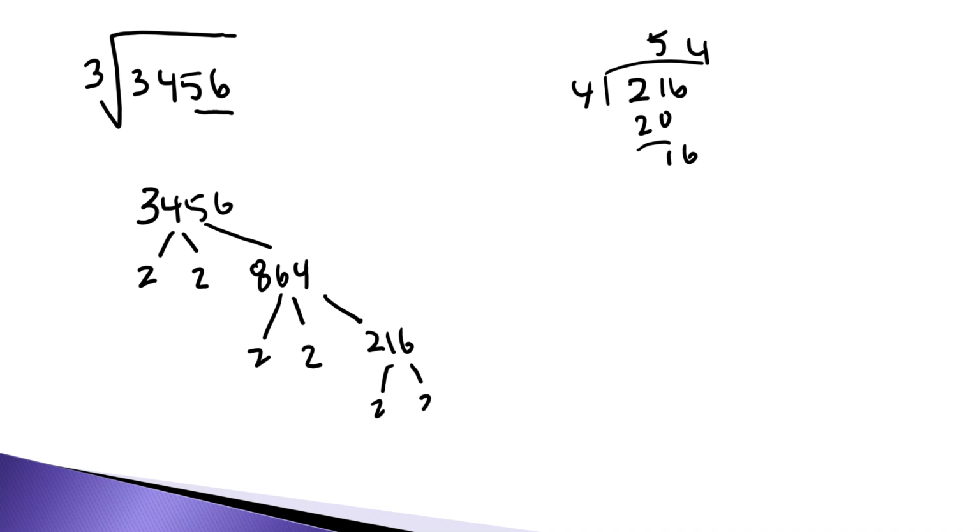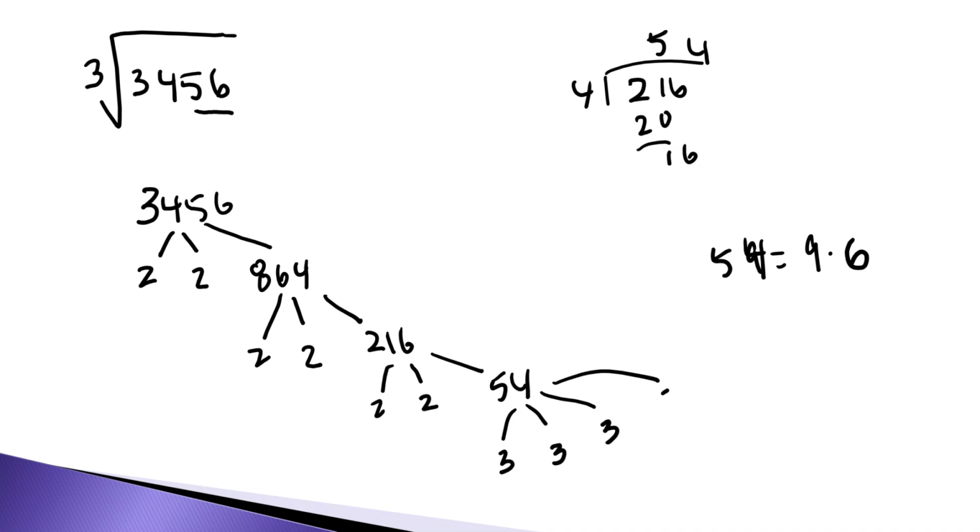So 2 times 2 times 54, and 54 is 9 times 6. So 9 is 3 times 3, and 6 is 3 times 2. I'm going to erase that again so that we have more room.